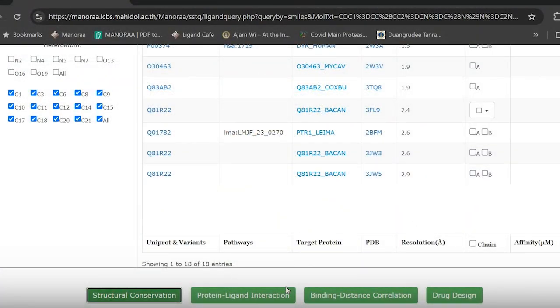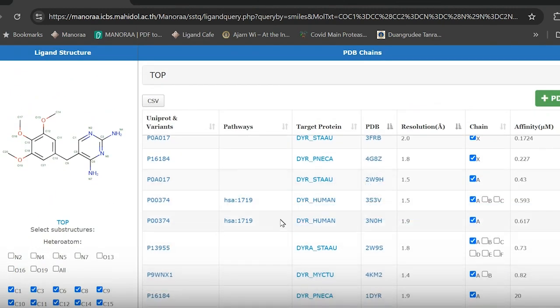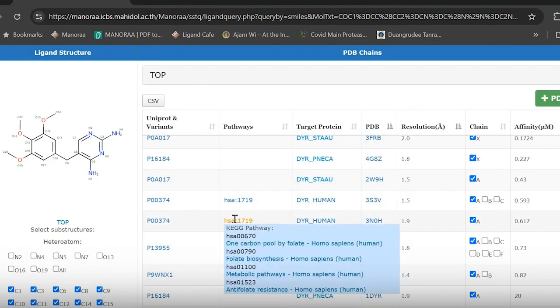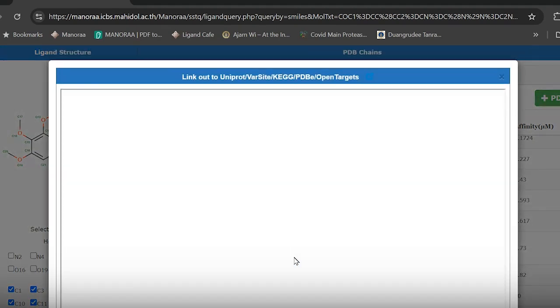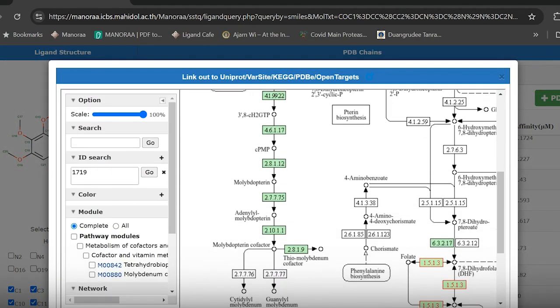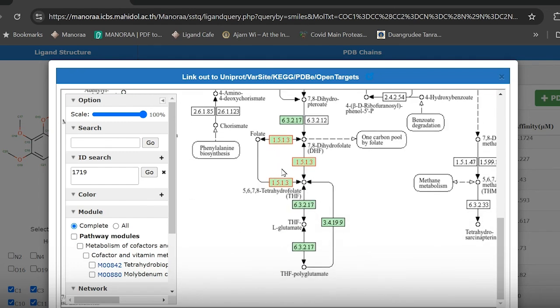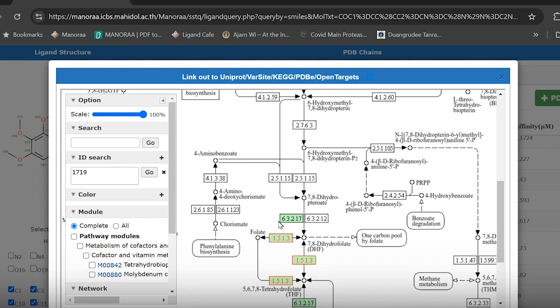You can see that there is a lot of things we can do, and we can also see the binding. Let's say this one, it says this protein is in folate biosynthesis, and the protein was highlighted in this node 1.5.1.3 in this folate biosynthesis.